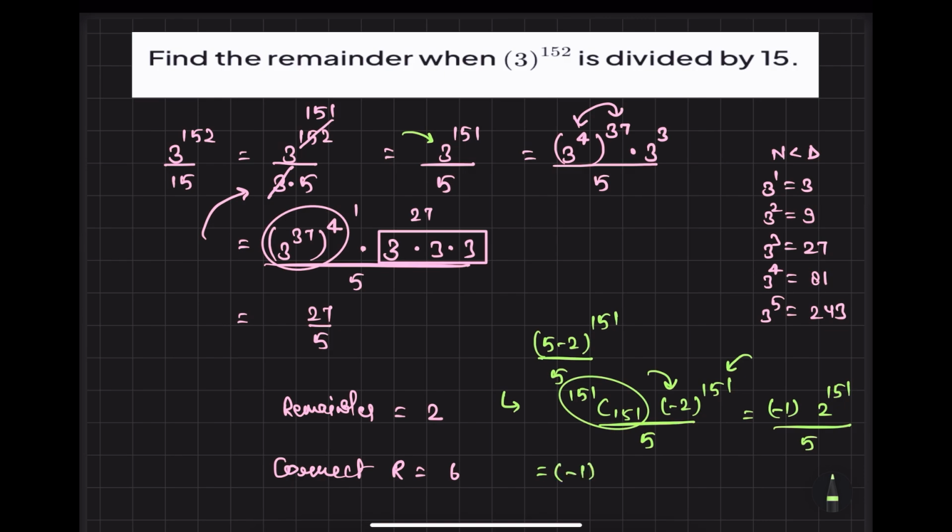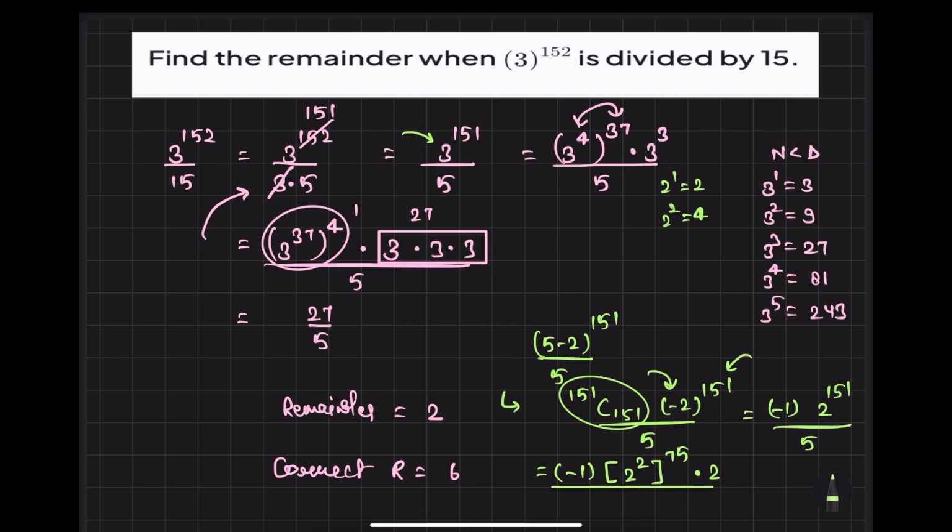Now I want to divide 2 to the power 151 by 5. You know that the numerator is smaller than the denominator, so you have to start reading the table of powers. 2 power 1 is 2, 2 power 2 is 4, and you have to get closer to 5. So 4 is the closest one. So I can write 2 power 2 and the rest, 75 fours, and we will have this 2 extra.